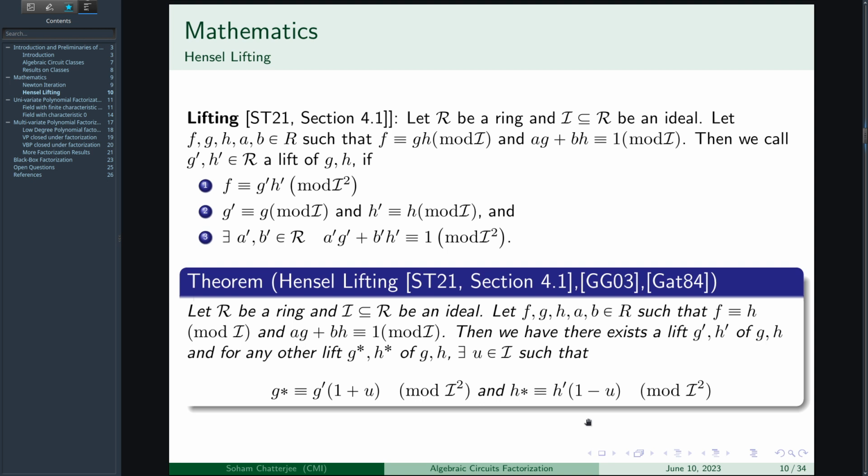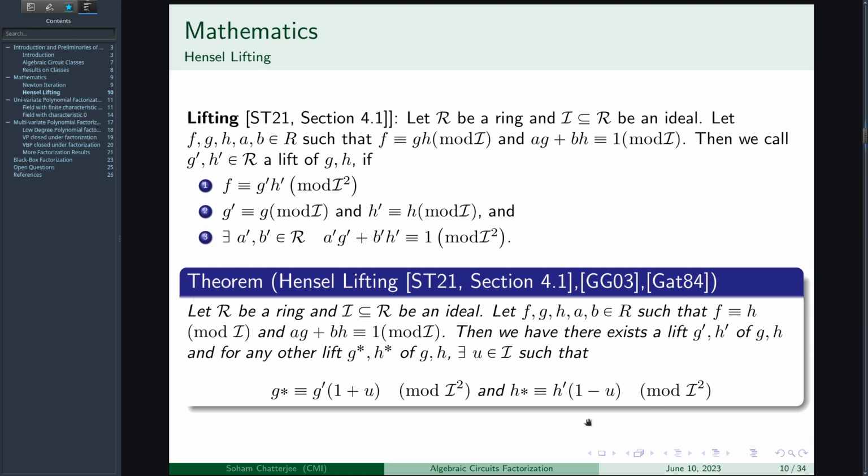So what is Hensel lifting? It uses this definition, and what it means basically is that many lifts are possible. All those lifts are interrelated by a multiple of units.